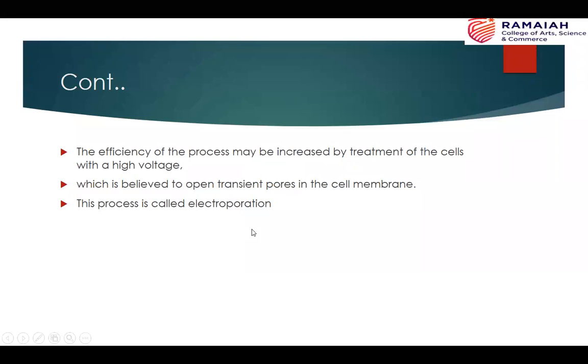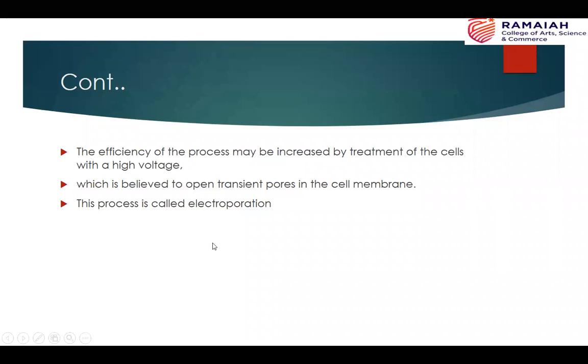This process by which the cells are treated with high voltage current, by which the pores in the cell membrane are opened, increases the efficiency of transfection. This whole mechanism is called electroporation.